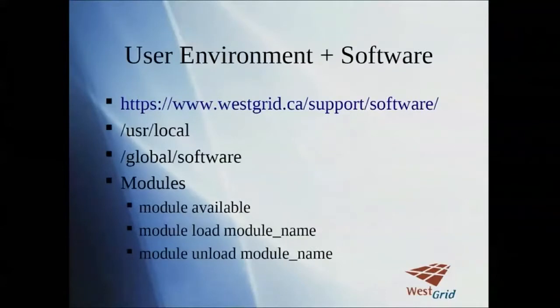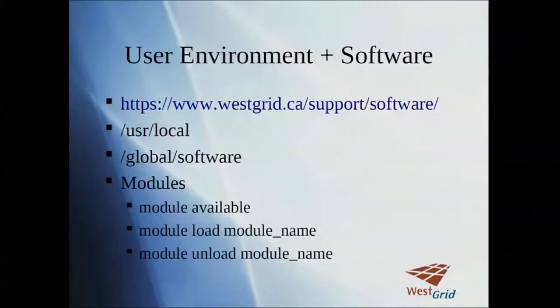Of course, you can always ask us to install software, or you can build your own software in your home directory. The systems are open for everybody to use. If you are not interested in browsing the web page, you can just log into the system and check the directories, like /usr/local, to see what's installed there, or global software in most cases.